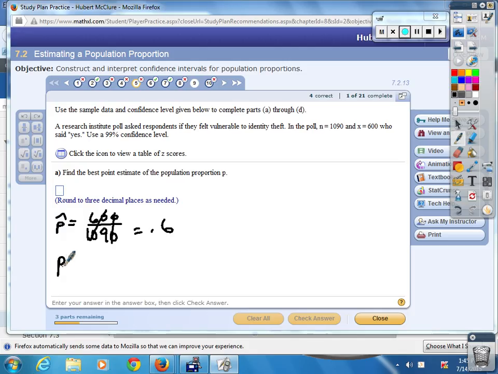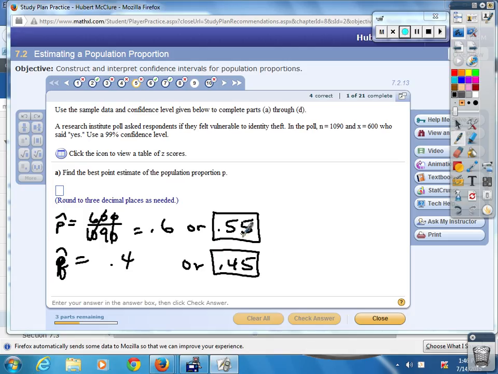Therefore, Q hat is equal to 0.4. Now somebody fix it for me. What is your P hat? How much? 0.55. That's what you need to use because I just did it in my head. And then that would be 0.45. Okay, so these are what you use.